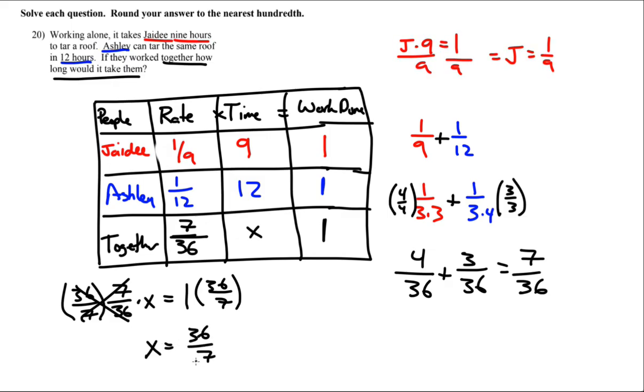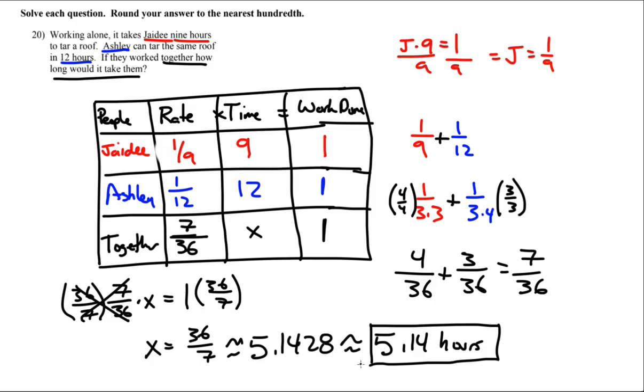36/7. And since the problem says to round to the nearest hundredth, what is 36 divided by 7? 36 divided by 7 is going to be about 5.1428, and rounding to the nearest hundredth, that would be equal to 5.14 hours.